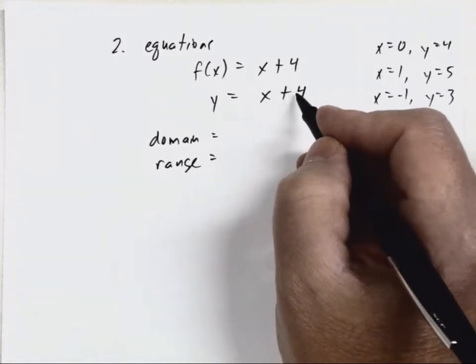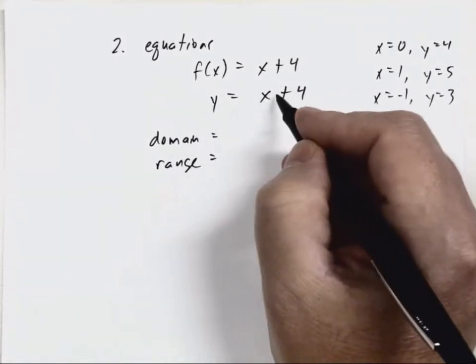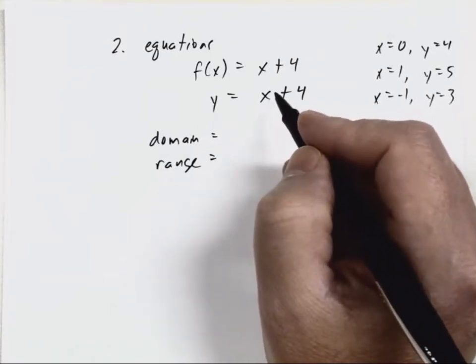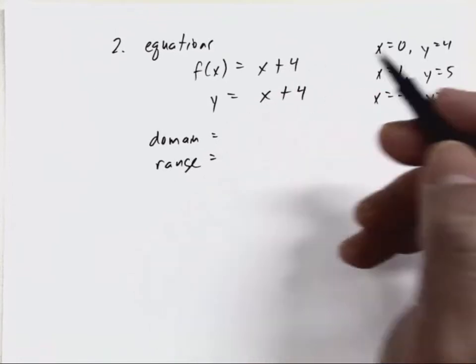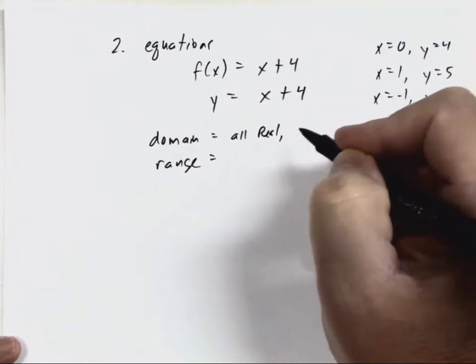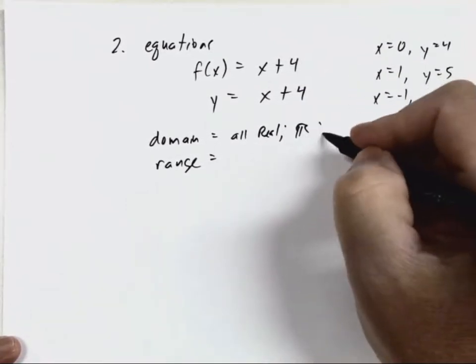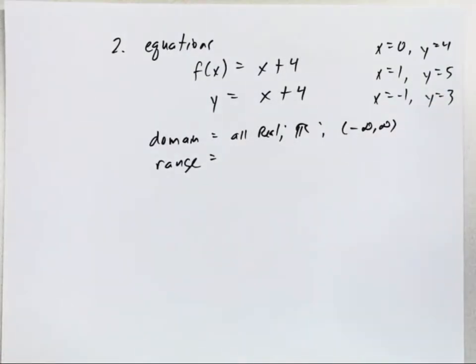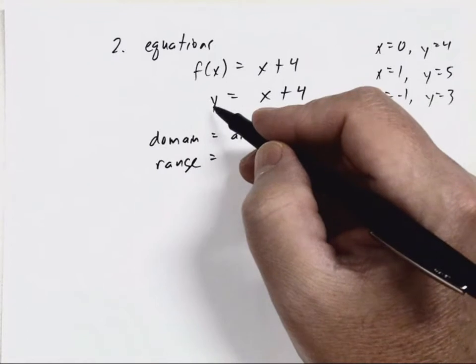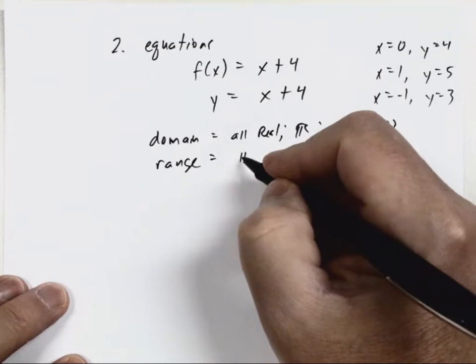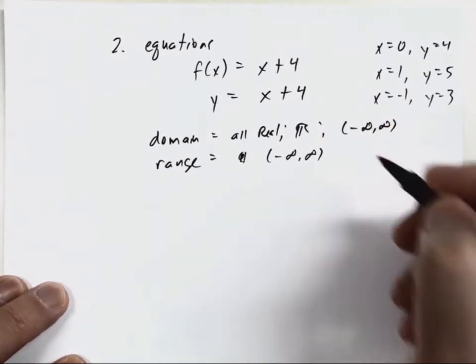We've already talked in class about the only limitation when you're looking at domain is if you have a variable under the square root, or x in the denominator. We don't have any of that, so you could say all real. Sometimes it's that symbol, or as an interval, negative infinity to infinity. And in the same way, what's the range? What could y be based upon what I choose for x? It can be anything.